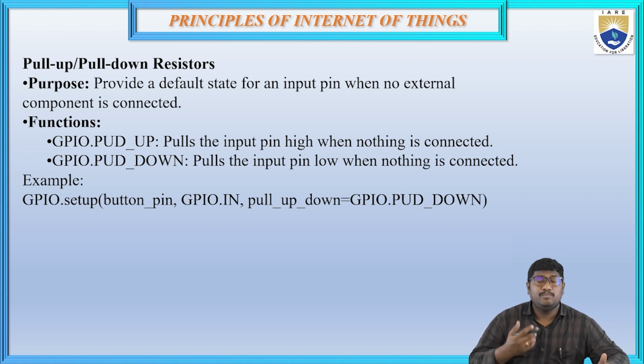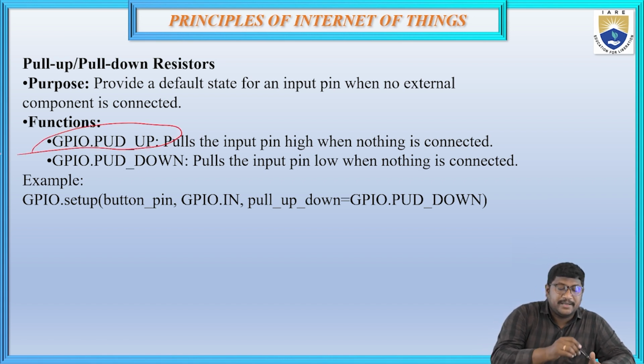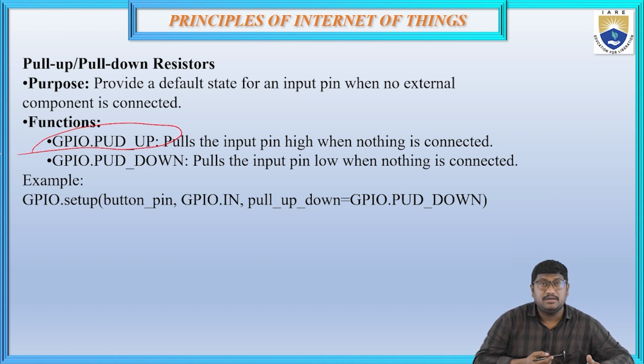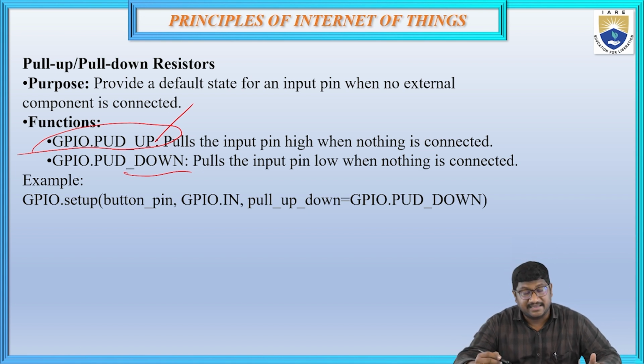As I told you, pull up and pull down, the same statement will be there in Python. See here, GPIO pull up or pull down resistor. This is for up and this is for down. Here the input pin is high when nothing is connected, and here the input pin is low when nothing is connected.